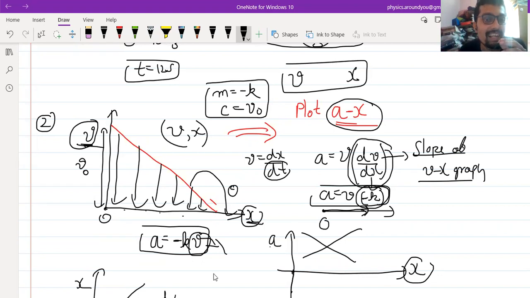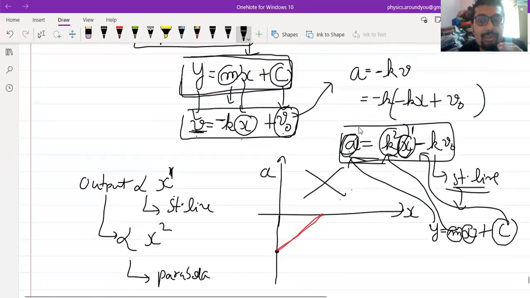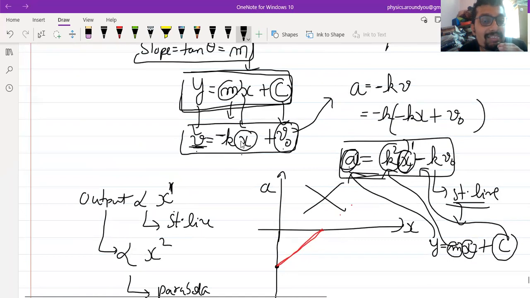From there, I can get v is equal to minus kx plus v naught. Substitute that in the relation a is equal to minus kv. From there I got another dependence: a is equal to k square x minus k v naught.